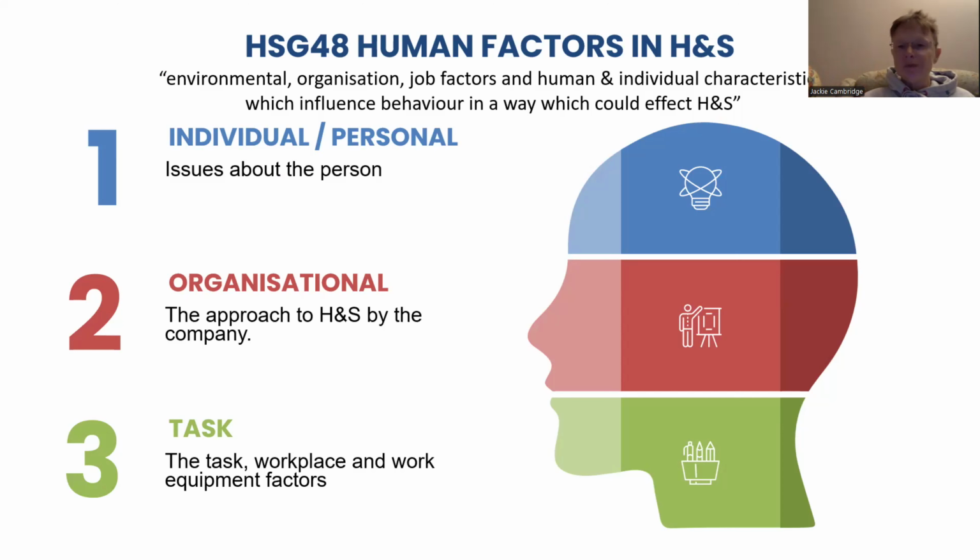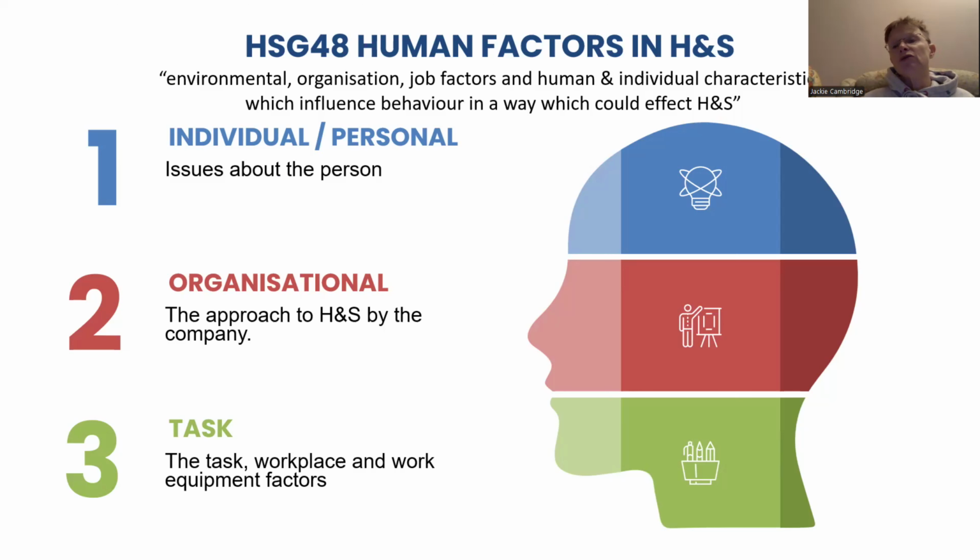So we've subdivided them. We've got individual, things about you, me, and the person involved in the accident or incident. Organisational, things about the company, how it manages health and safety, that can contribute to human error and violations. And task factors. Even though it's headed task factors, sometimes it's also known as job factors.